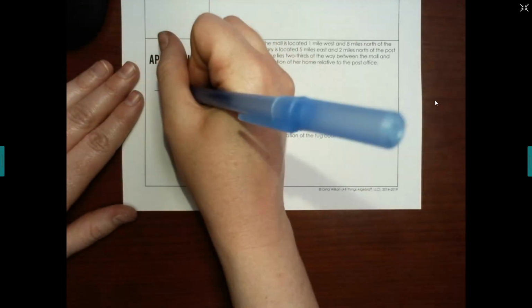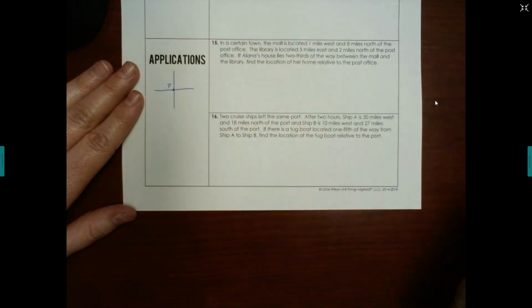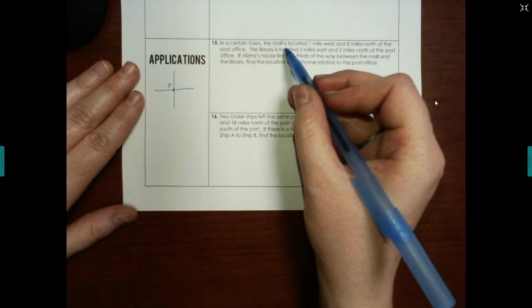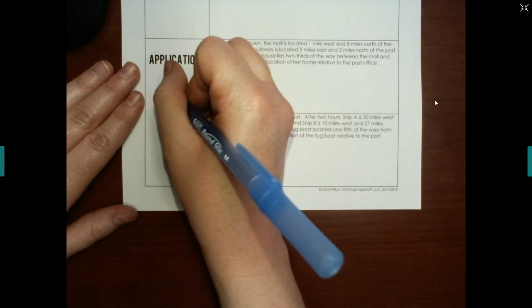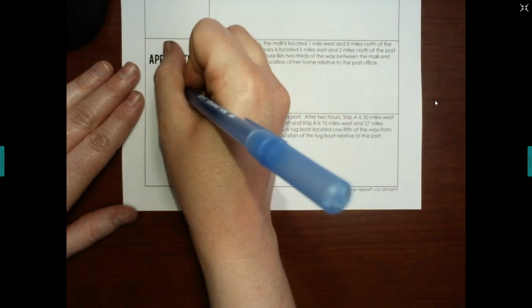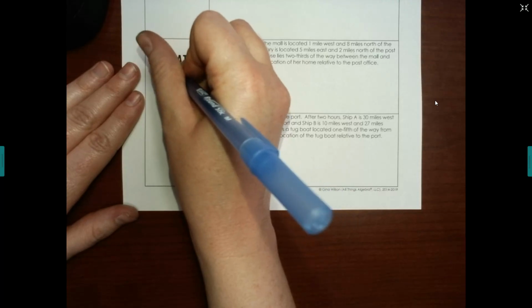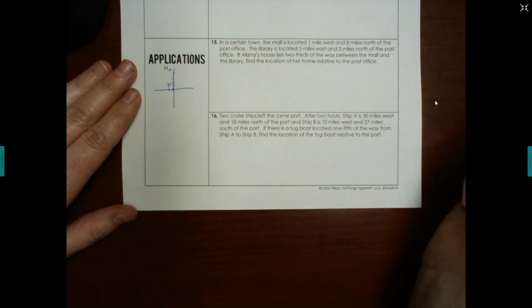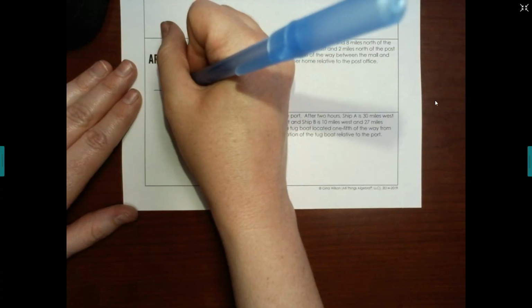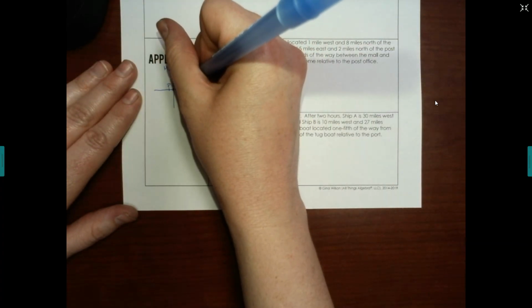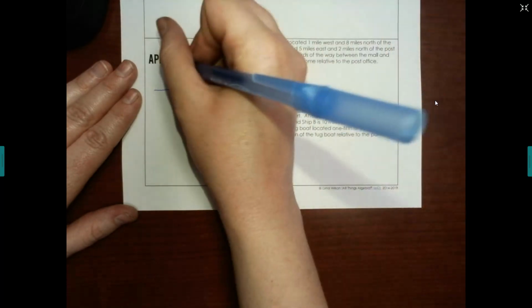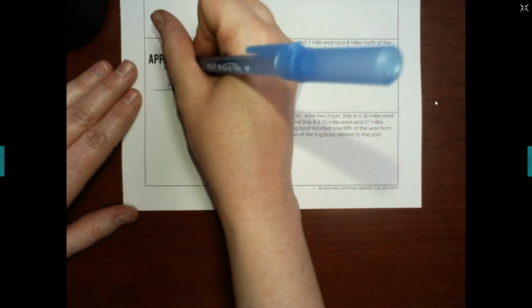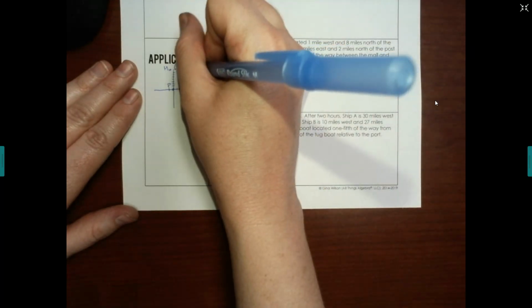So for this one, we're going to call the post office our origin, and then our mall, 1 mile west, would be at -1, 8 miles north, +8, so that's the mall. And the library, 5 miles east and 2 miles north. Okay, so mall, (-1, 8).